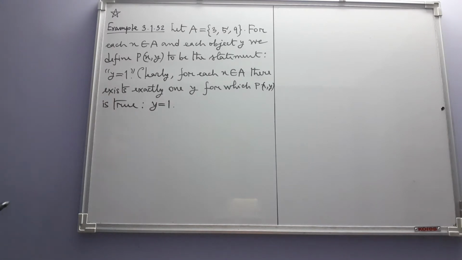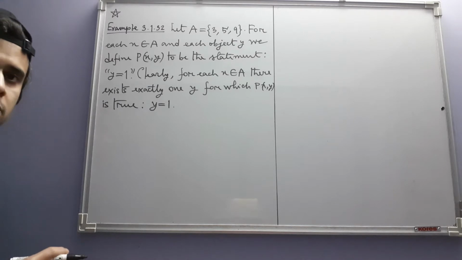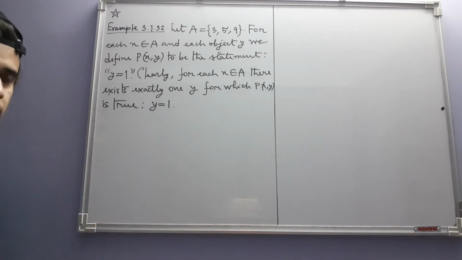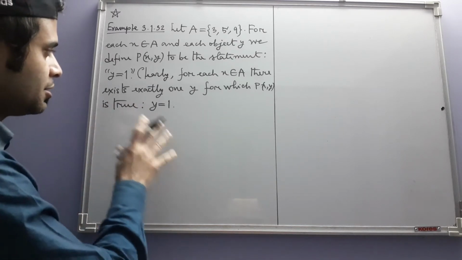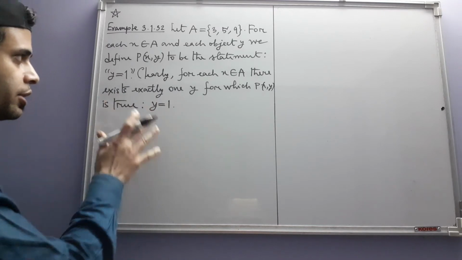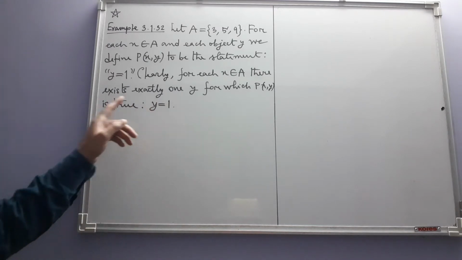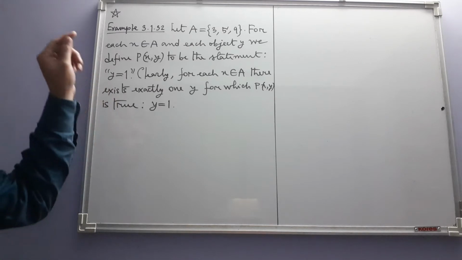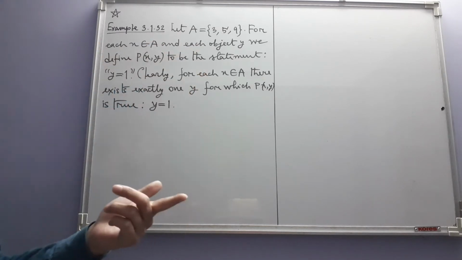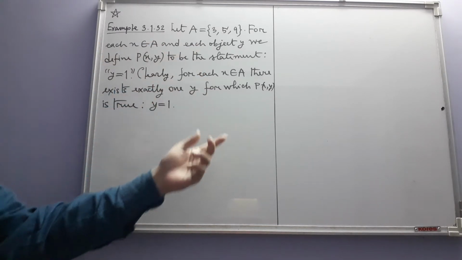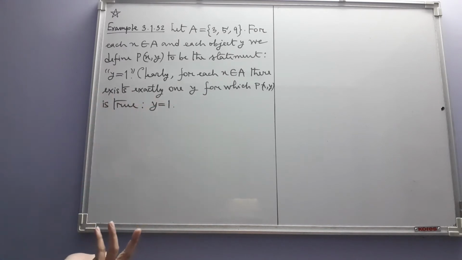No matter what the value of x is, as long as we have y is equal to 1, then p of x comma y is true. Specifically, the condition that we have to verify in this case, that for each x in A, there is at most one y for which p of x comma y is true in this case. Exactly 1 means at most 1 also.